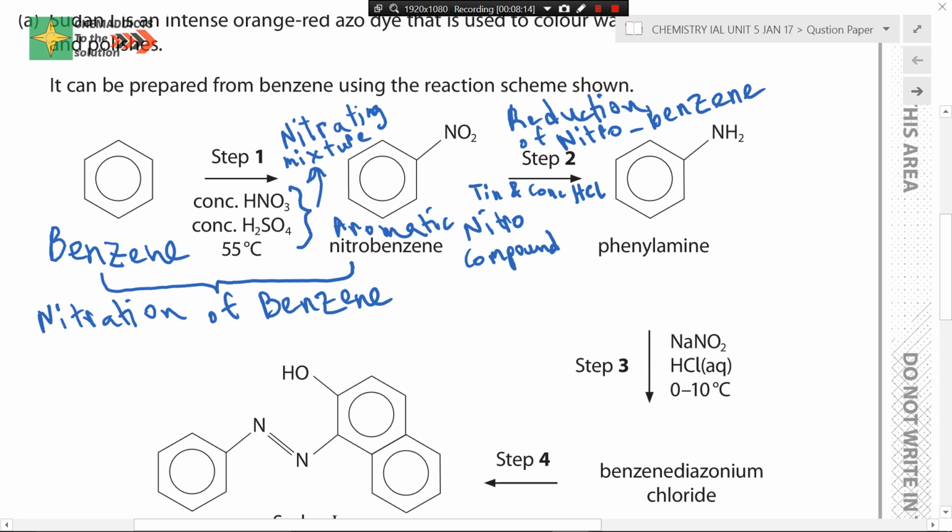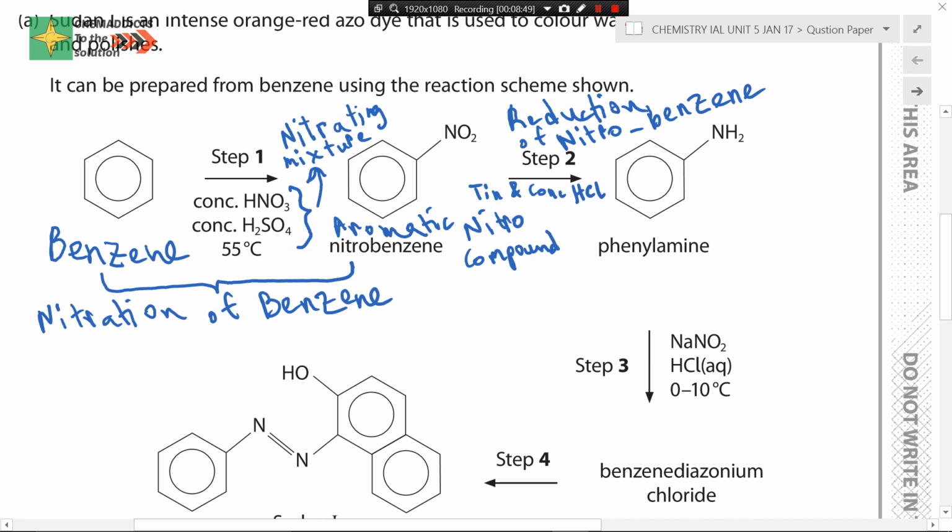In step 1 we have formed nitrobenzene from benzene. In other words we can say that nitrobenzene is an aromatic nitro compound. In step 2 we have carried out reduction of nitrobenzene in order to form phenylamine from nitrobenzene. The condition for this reaction is tin and concentrated HCl.